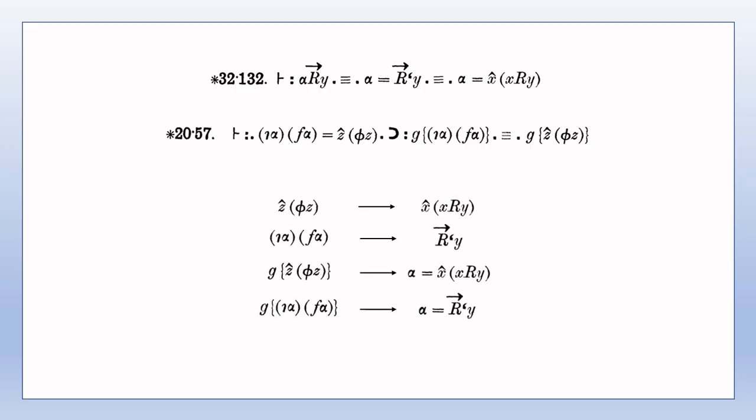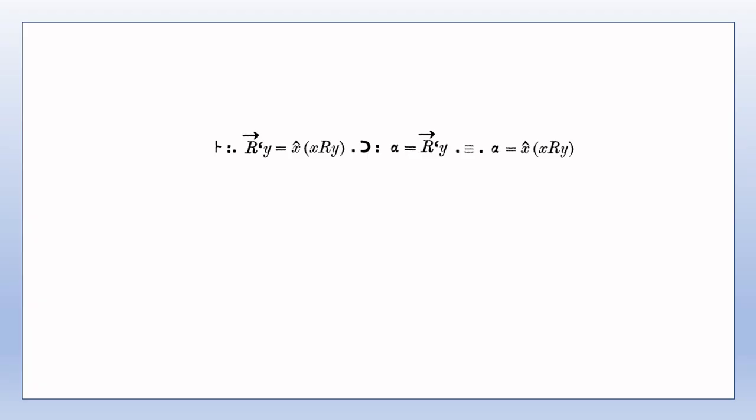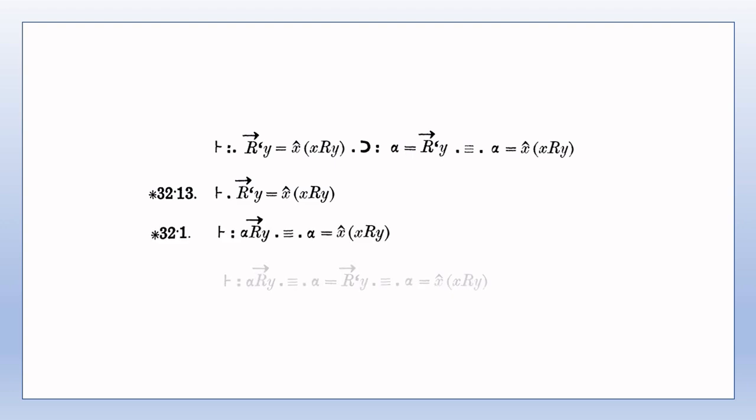So by this application of 20.57, with the substitutions that I've shown on the screen, then 20.57 becomes the assertion as shown. But we also have proposition 32.13, and therefore, by an application of 1.1 and 32.1, the result follows.